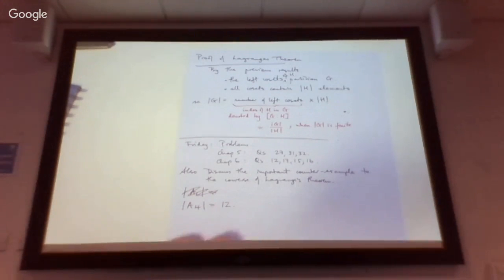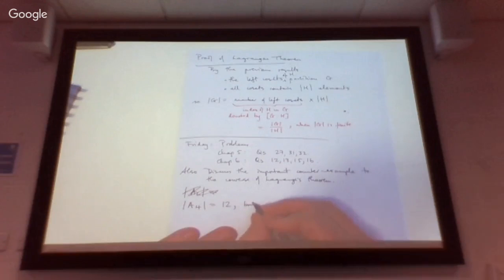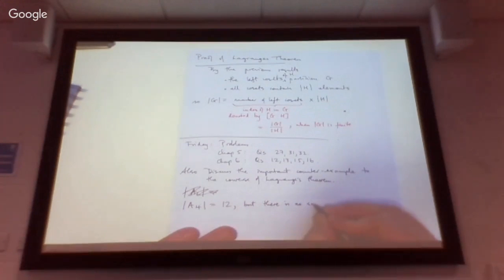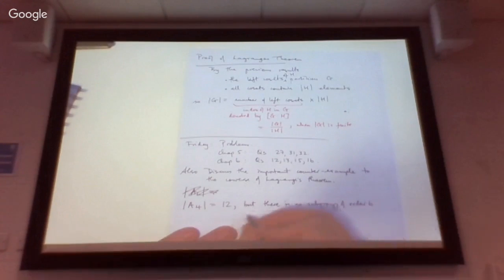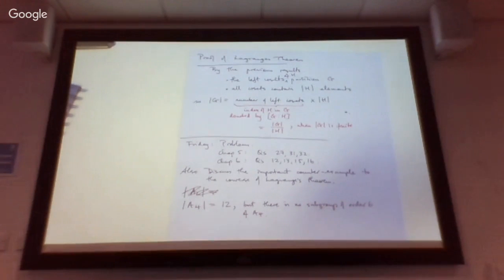This has size 12, but there is no subgroup of order 6. There's no subgroup of order 6 of A4. That's an important example that dashes our hope for that nice result. Okay.